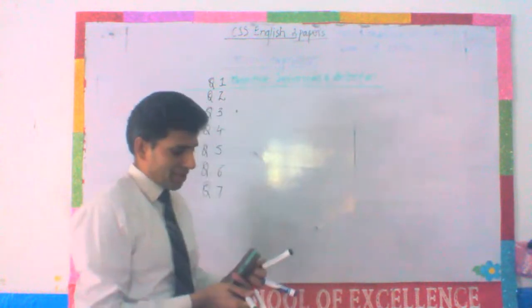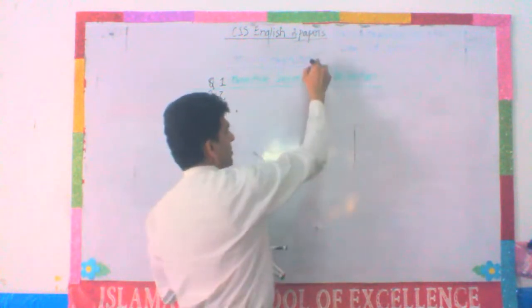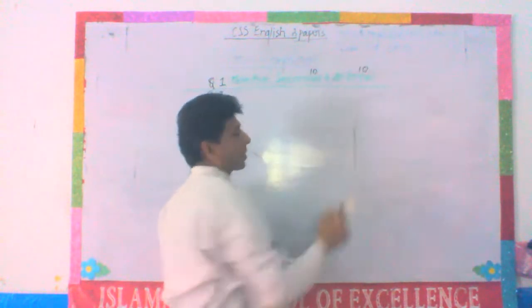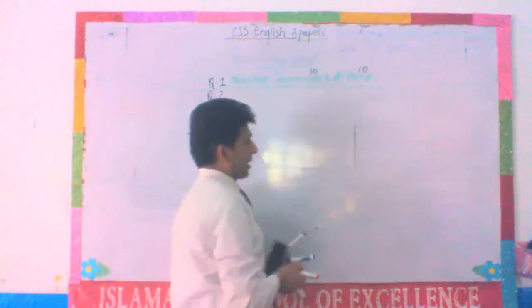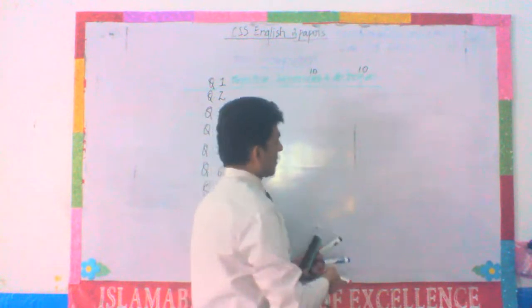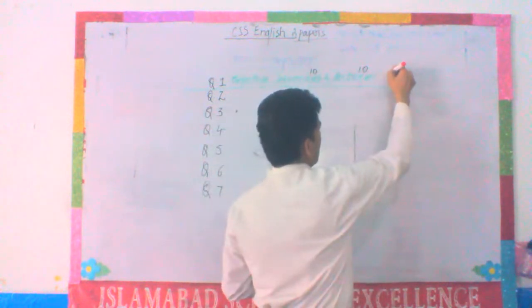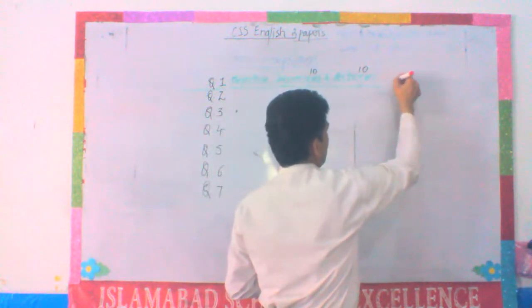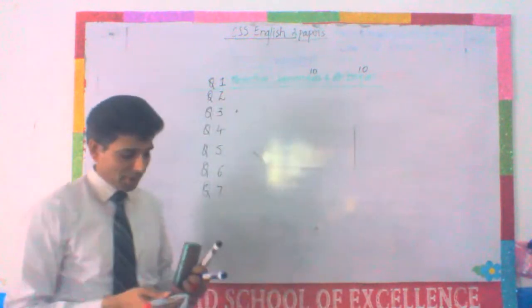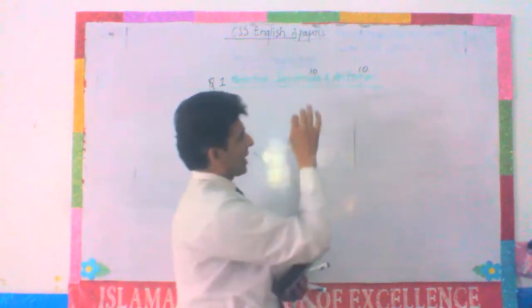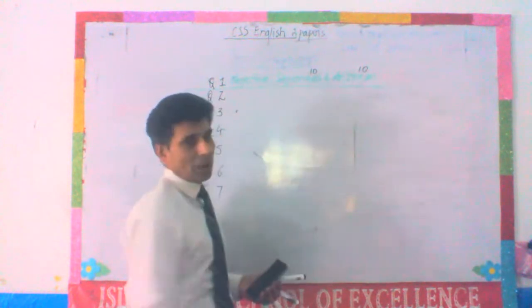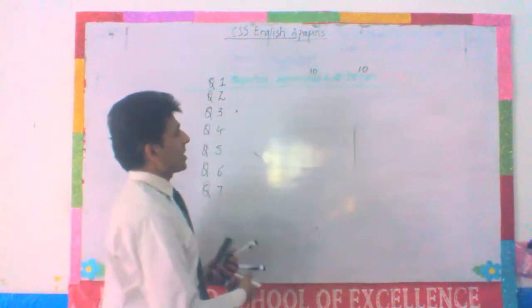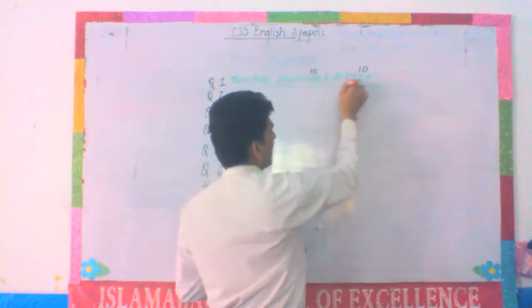There are 10 synonyms and 10 antonyms. Total 20. And this section is in the form of MCQs. Multiple choice options. You are given multiple options against each subpart, and you have to choose only one. So it's objective type. There will be 10 synonyms and 10 antonyms.